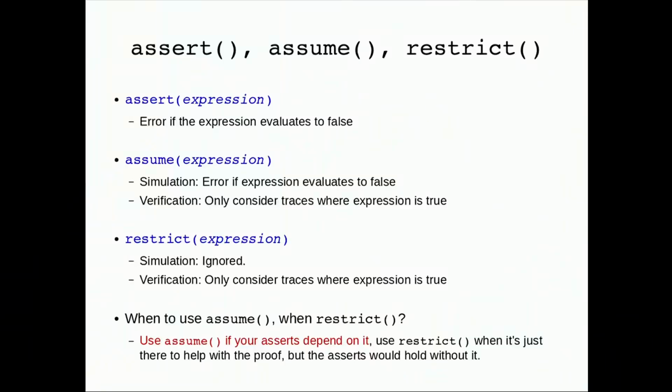Restrict for verification essentially does the same thing. We say we don't want to consider traces where this expression is false. We only want to consider traces where this expression is true.